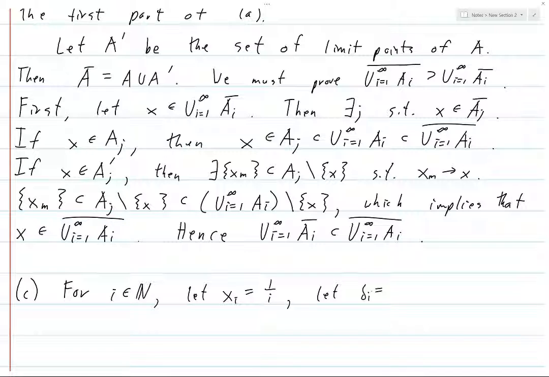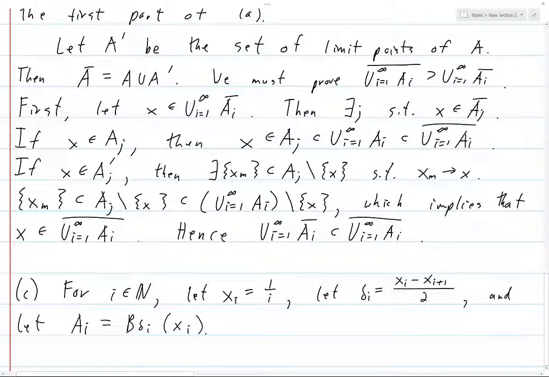And so what we want to do is take that shorter distance and cut it in half. So delta I is going to be the distance between xi and xi plus 1, which since xi is greater will be xi minus xi plus 1. This will give us a positive number. We divide by 2. And finally, we're going to let ai be the interval of radius delta I centered at xi.